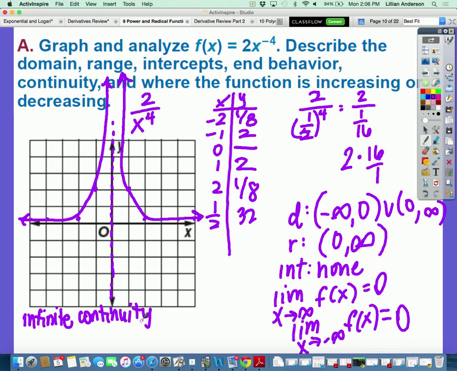Is it increasing anywhere? From what to what? What's happening after 0? So there are all the features when n is a negative even number.